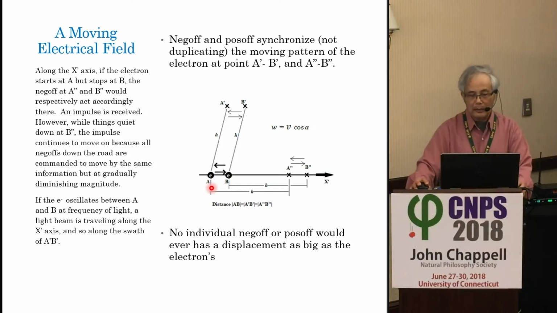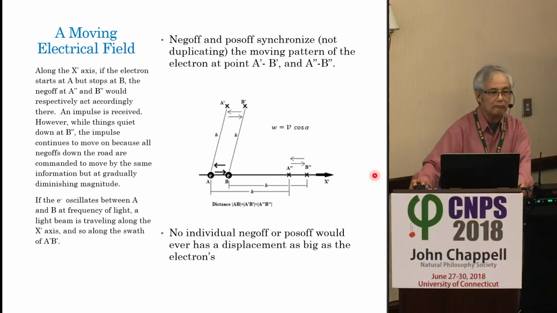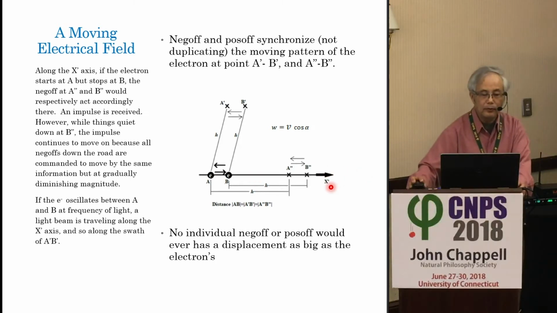Okay. In other words, the electron did not move down here to deliver the light. It is the ether that delivers the information down the line about the movement of this electron. Same in that direction.